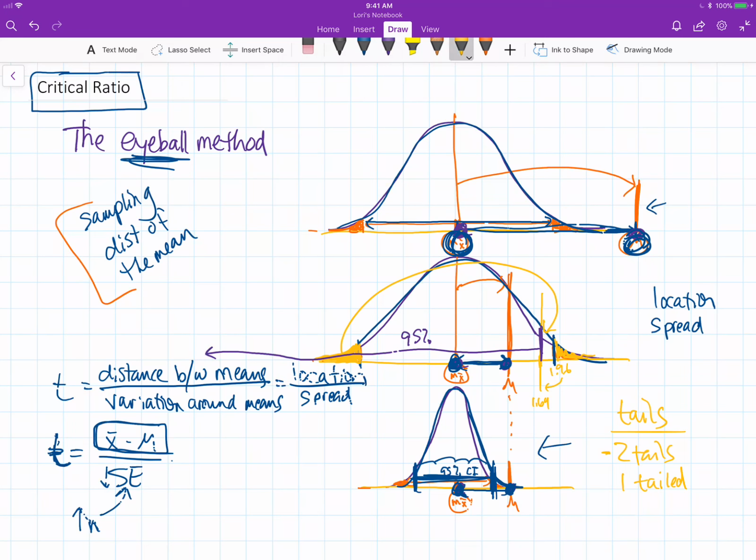And so really, when we're doing 95%, the other 5% needs to be up here at the top if we have just a one-tailed test. So I hope that kind of makes sense conceptually. You'll almost never do a one-tailed test in actual practice, but it's good to understand how that works.